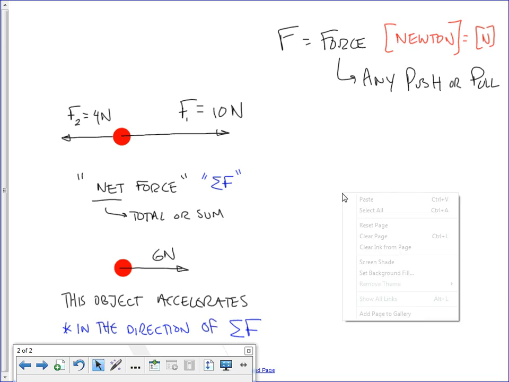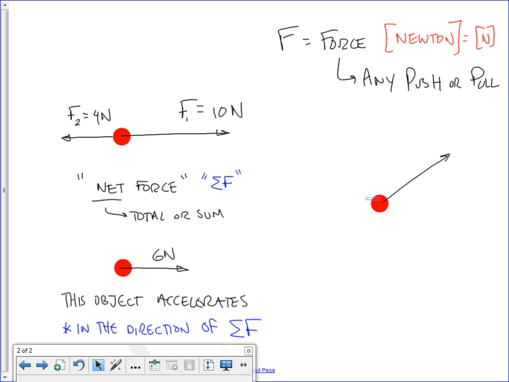Okay, we have a thing like this. Here's our object. Let's say that there is F1, F2, and let's say that F1 magnitude equals F2 magnitude equals, I don't know, 8 newtons.